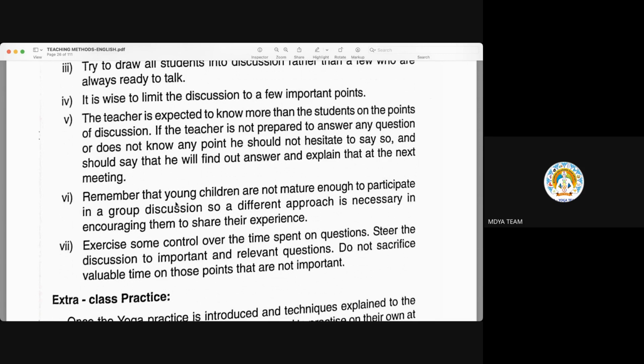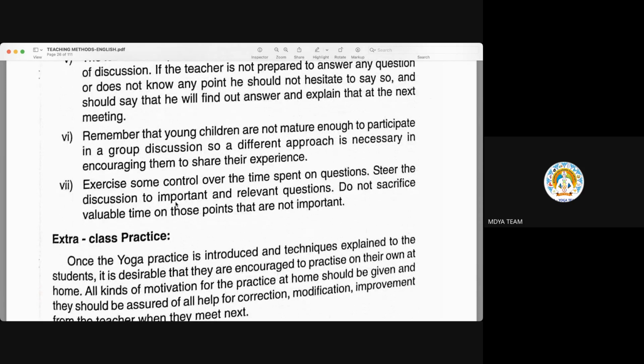And if the teacher is not prepared to answer any question or doesn't know at any point, he should not hesitate to say so, and should say that he will find out the answer and explain it at the next meeting or later.